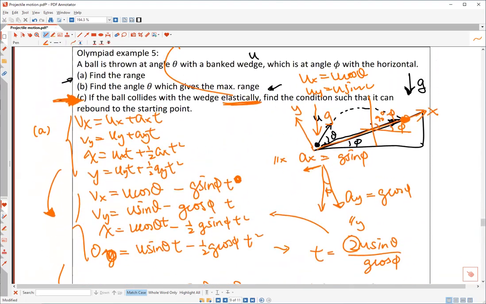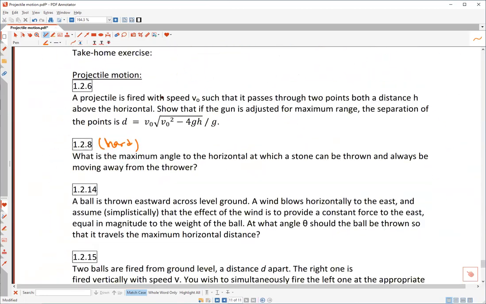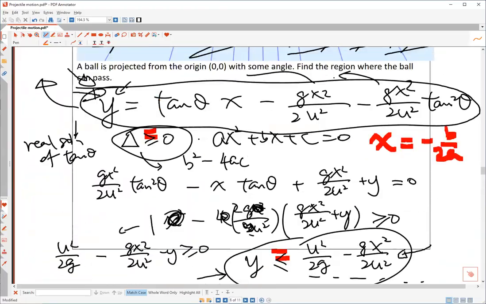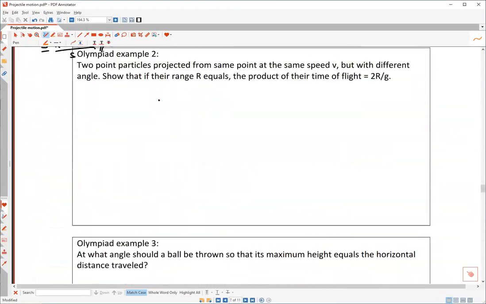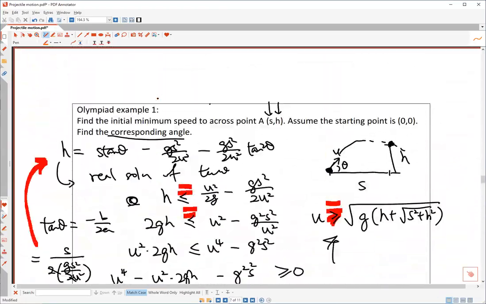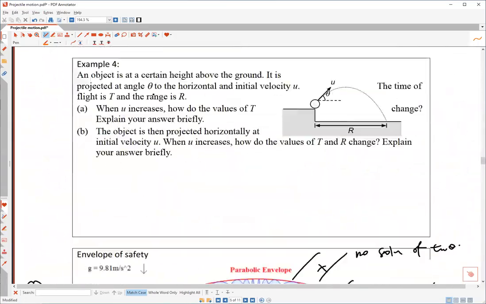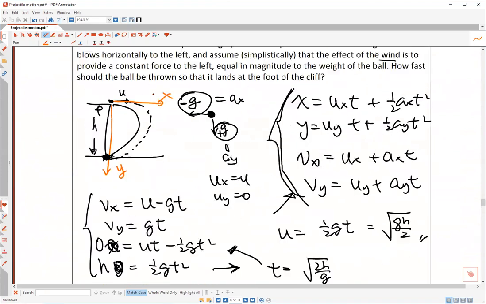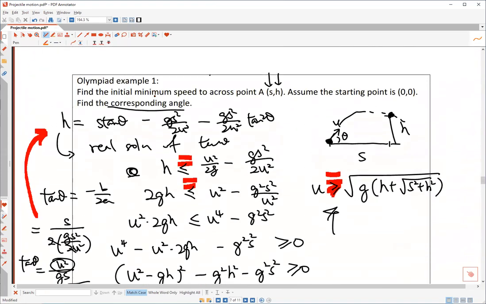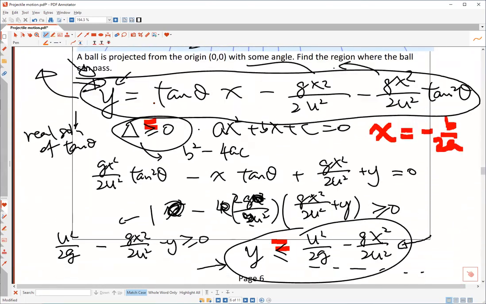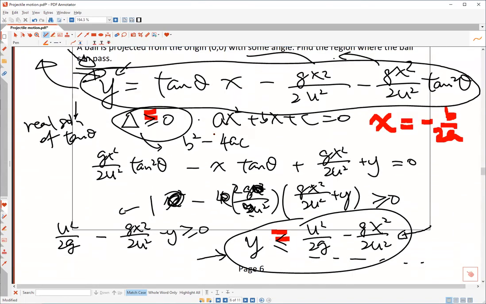Next time we go on to talk about relative motion. Yeah, I understand the question. The level of the question is much harder than you think, maybe. These are Olympic type questions. But I think I've taught you all the skills that you need, and I'll give you all the clear steps to do the questions.